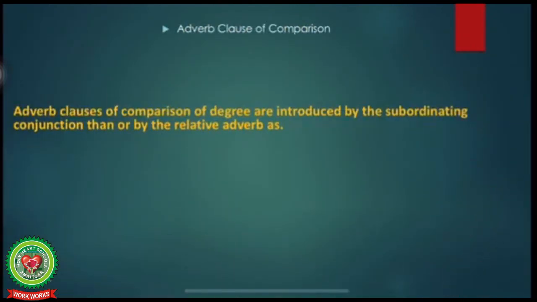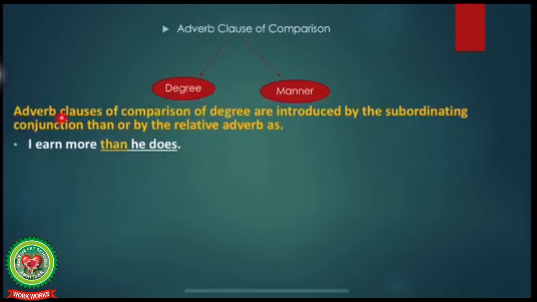Students, next on the list is adverb clause of comparison. Adverb clauses of comparison are of two further types: adverb clause of degree and adverb clause of manner. Adverb clauses of comparison of degree are introduced by the subordinating conjunction than or by the relative adverb as.